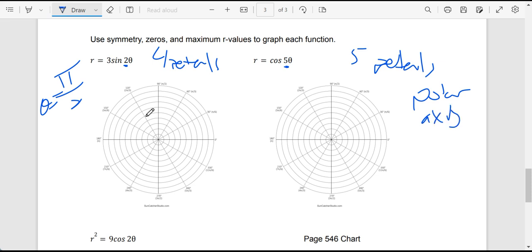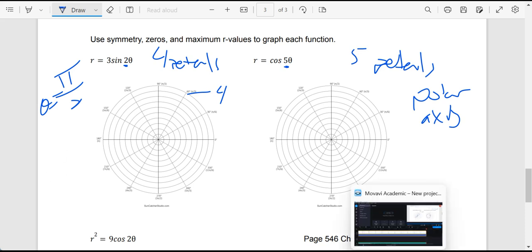So if it's sine 2 theta, I'm going to start with that. I'm going to label this to make our life a little easier. We'll call this 4, we'll bring it all the way up to 4. If I put 0 in, your output's going to be 0, so boom, 0.